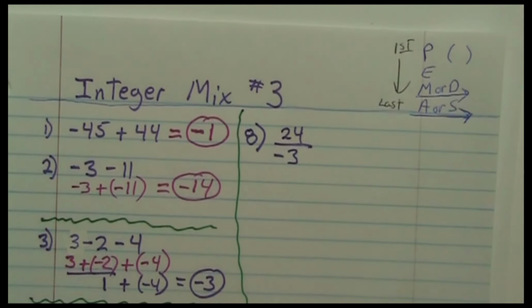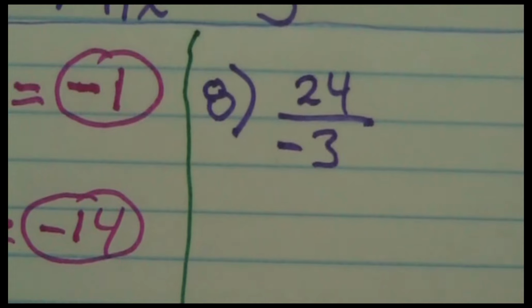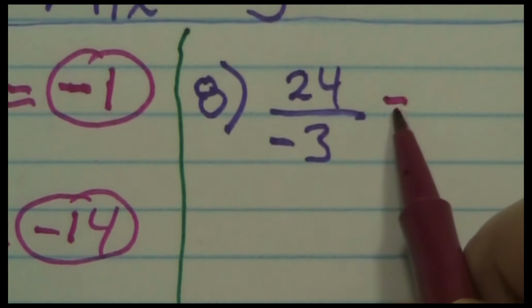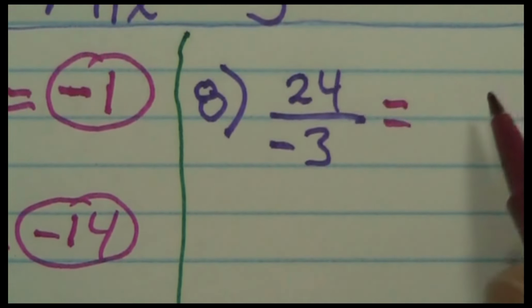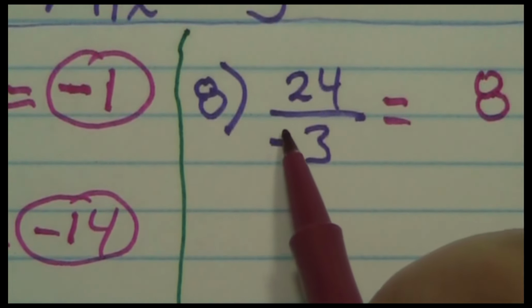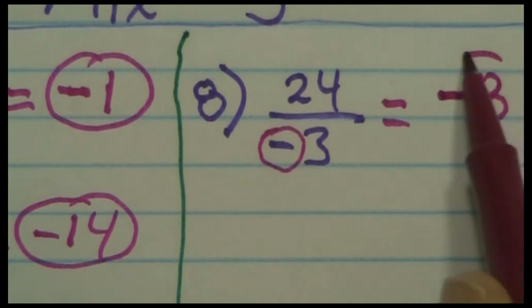A little bit different rules. So the answer is: 3 goes into 24 8 times. And notice that we have one negative sign. The answer is negative.